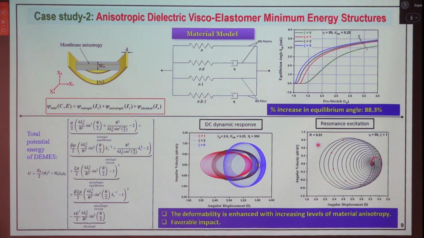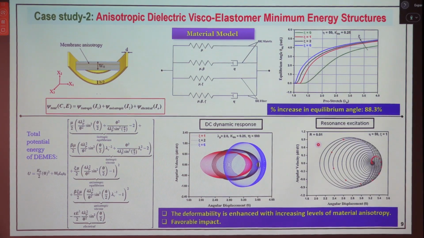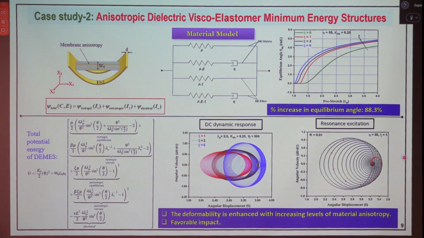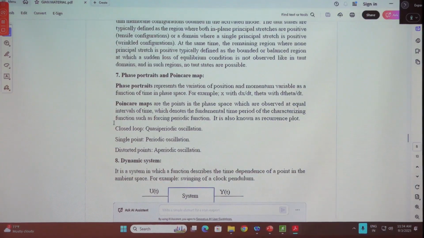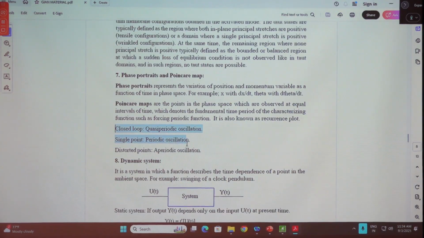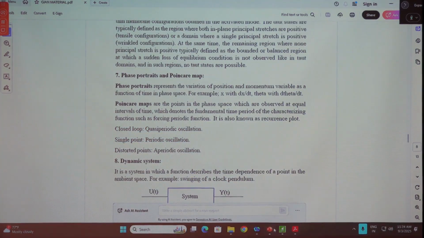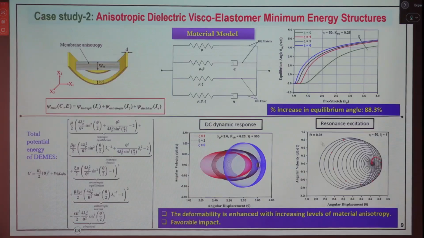If they continuously intersect at a particular point and form a single set of points, they are called a periodic stable system. So don't worry about this. I have already given these notes to you. Here you can find closed loop, quasi-periodic, single point periodic, and aperiodic oscillation. Okay. Here is how it looks like.